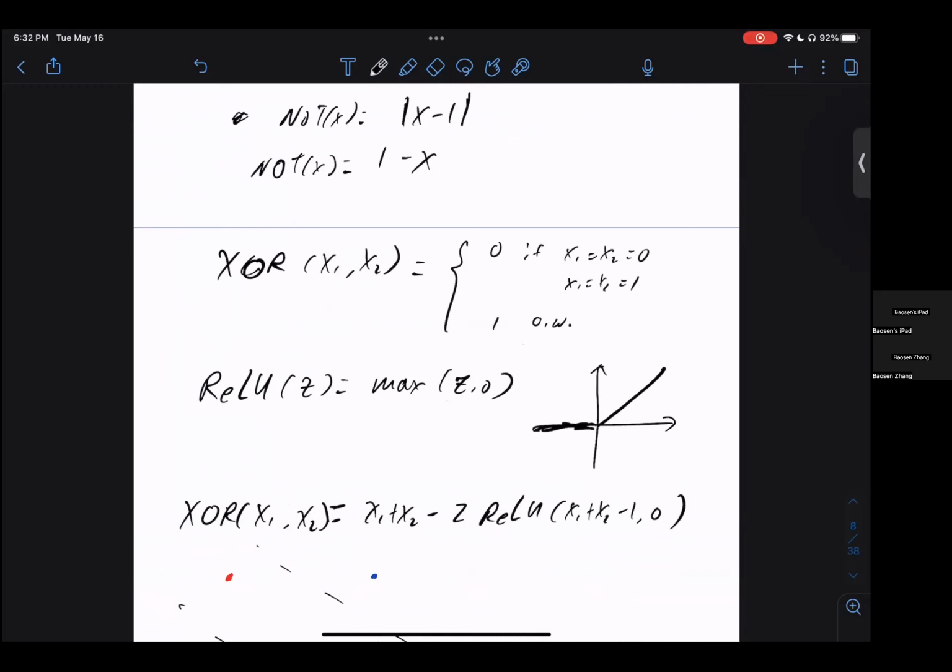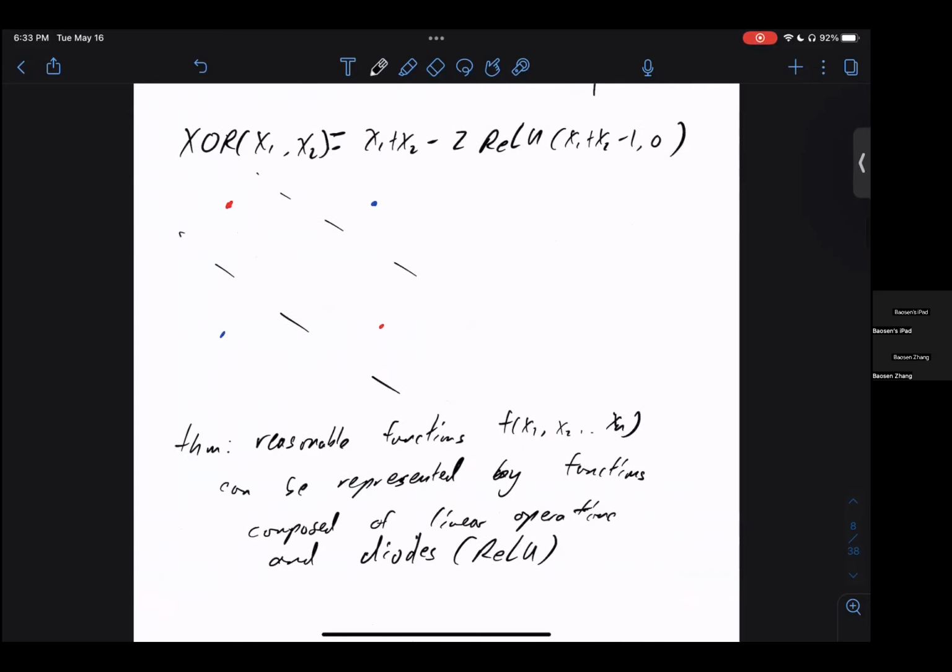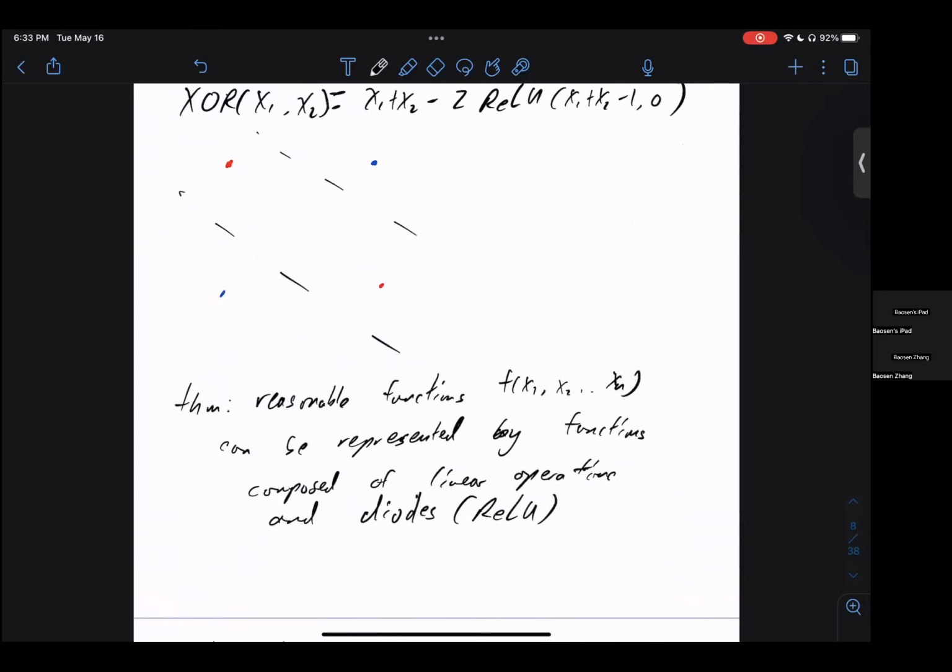This really is what neural networks are trying to do: represent a complicated function which you don't know by simple elements. The theorem says if you have enough linear operations and ReLU activation functions, you can represent whatever function you want. This is basically the so-called universal approximation.